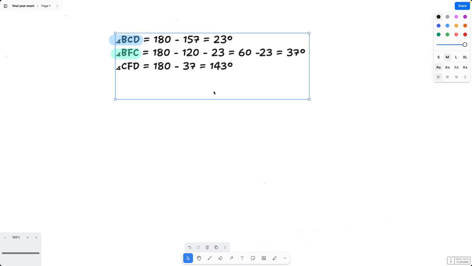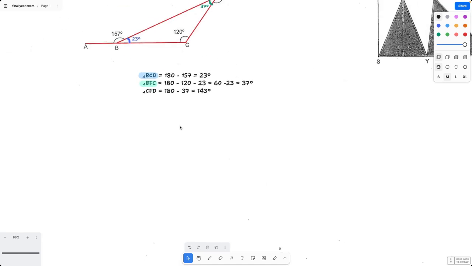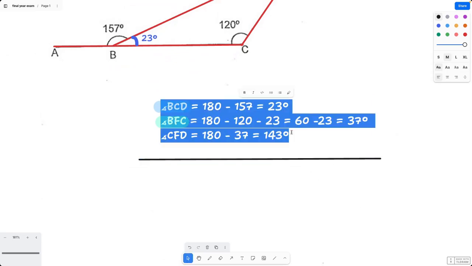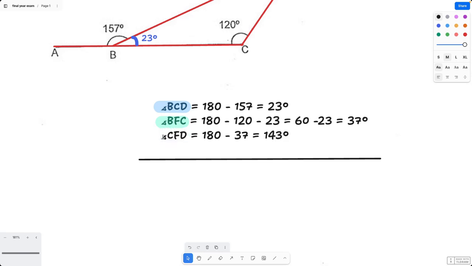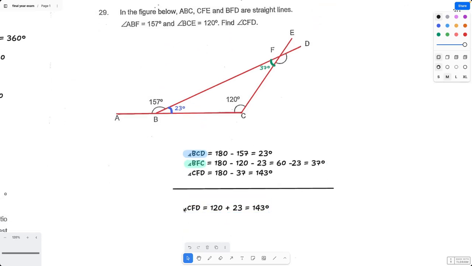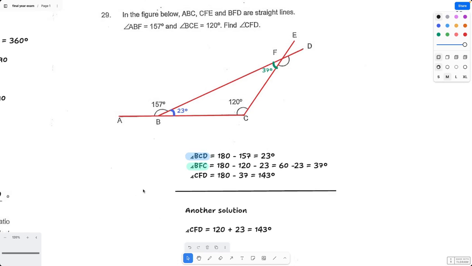Another way is, in this case, let me put a line. CFD is also 120 plus 23, equal to 143 degrees. So this is another solution, where CFD is equal to 120 plus 23 degrees.